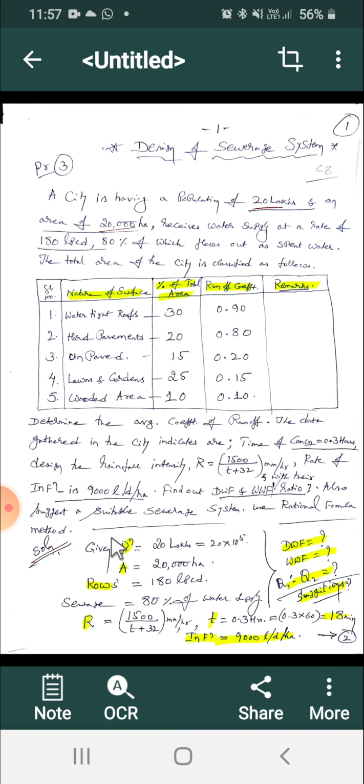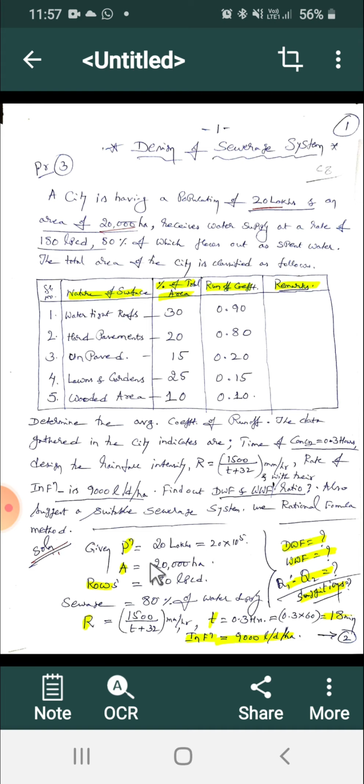Here, suggest a suitable sewerage system. Use rational formula method. Rational formula method he has given, and using that only you have to solve. Use rational formula method.